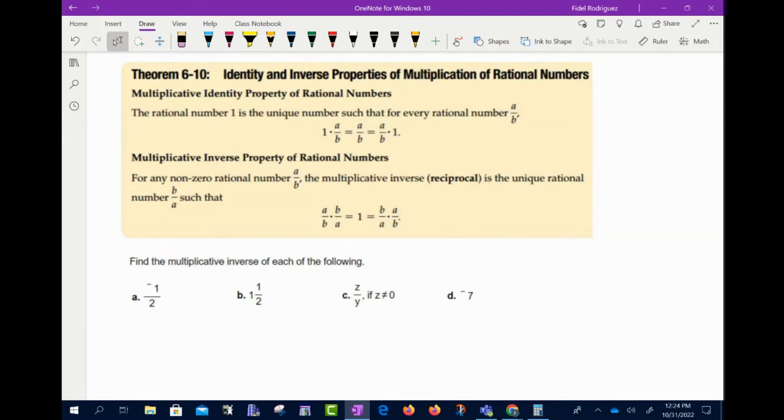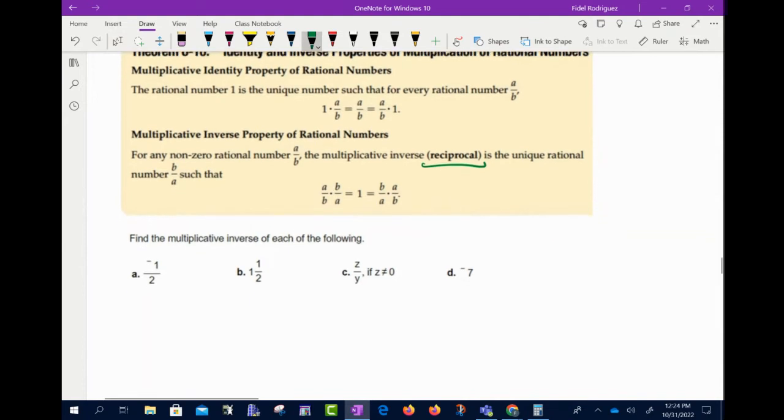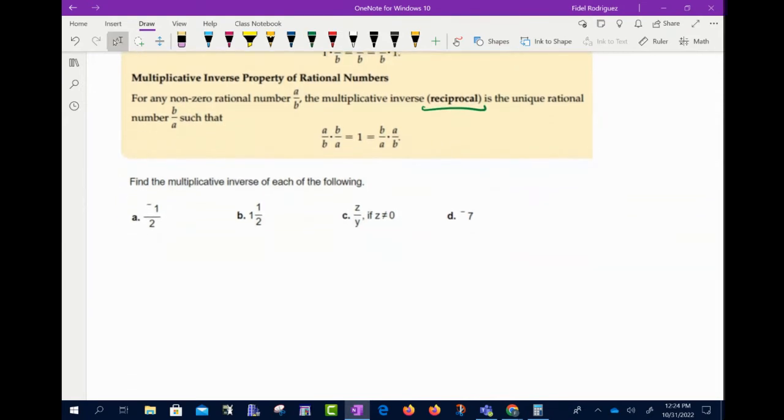It just says that for any non-zero rational number, so the number is not 0, we have a fraction. The multiplicative inverse is what we call the reciprocal. The reciprocal just means flip the fraction, okay? So for each of these problems, we're just going to flip the fraction.